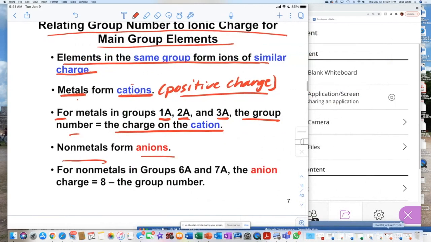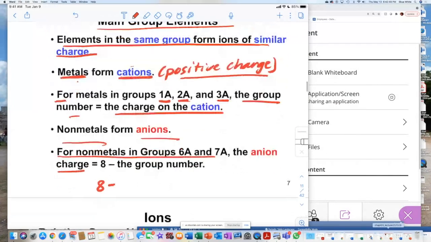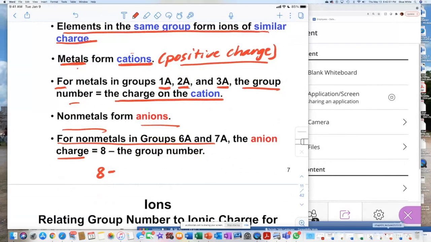Nonmetals form anions. And we're told here for nonmetals, the charge of the nonmetals is 8 minus the group number. So the other way you could have gotten that, think about it. For group 5, 8 minus 5 is actually the opposite. I'm saying 8 minus a group number.